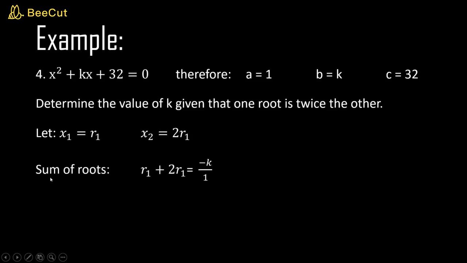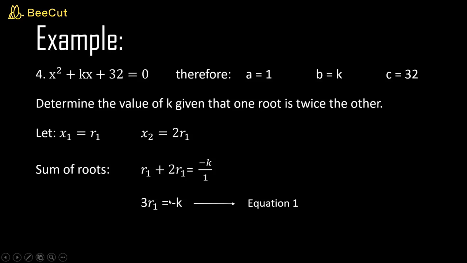Based on the formula to find the sum of roots, we can substitute these values. r sub 1 plus 2r sub 1, which is x sub 2, is equal to negative k over 1. Simplifying, 3r sub 1 is equal to negative k, which is our equation 1.